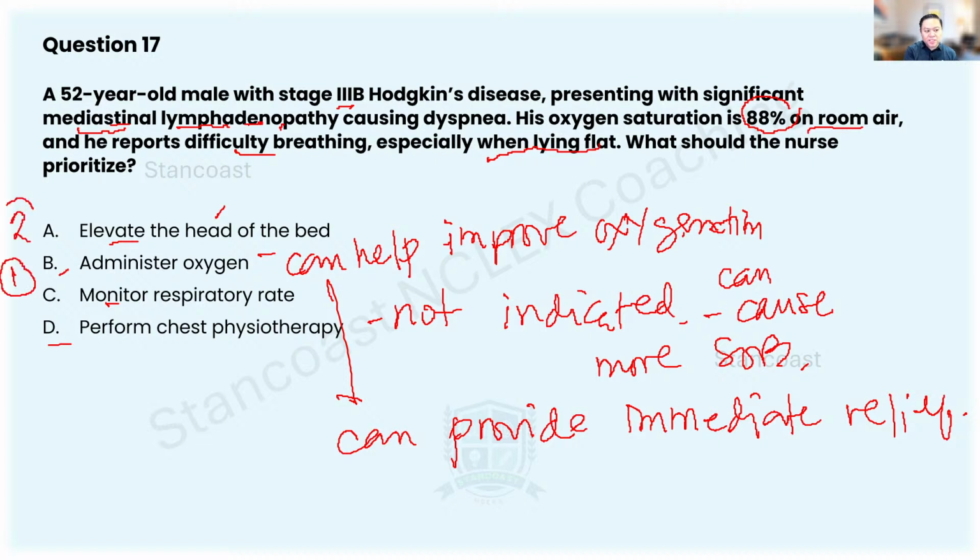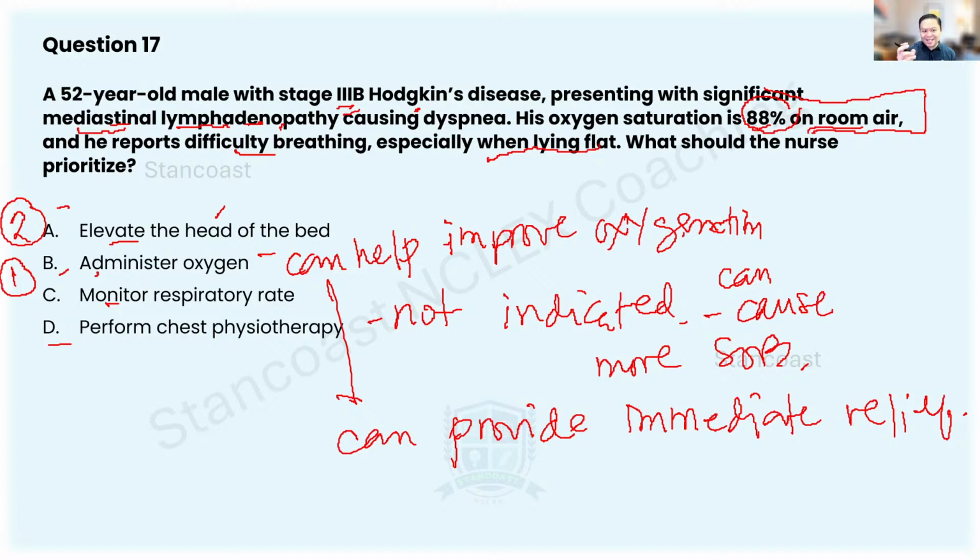We can do this as well, but secondary. It will not give an immediate relief compared to the administration of the oxygen. Okay, so here we go. Our patient's saturation is 88% on room air. And with a case of stage 3B Hodgkin's, they already have a much worse form of cancer here, guys.